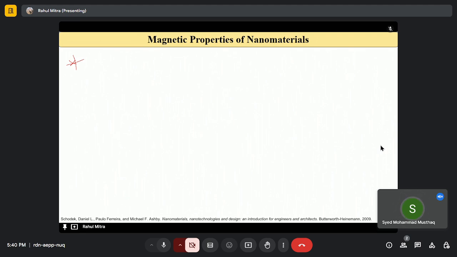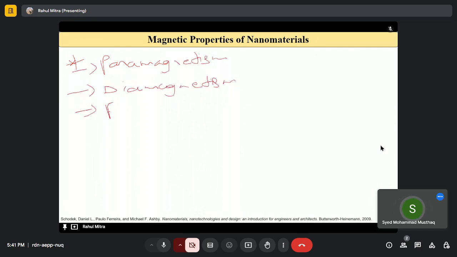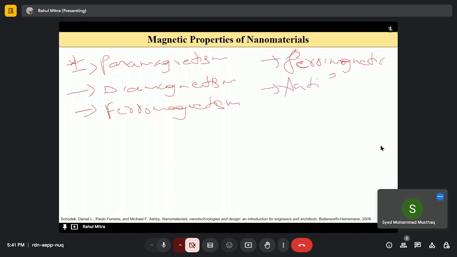For example, we have paramagnetism, diamagnetism, ferromagnetism, antiferromagnetism, and another one is band magnetism.